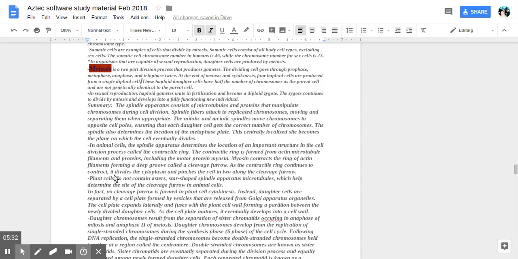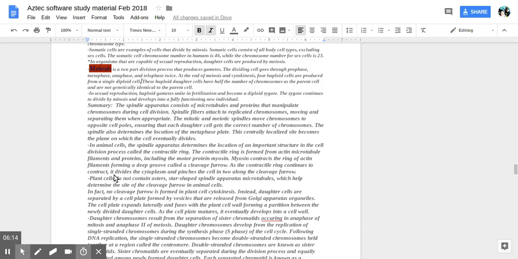The initial cell is called a zygote, and once you have that, it divides to develop into a fully formed organism by the process of mitosis, which we discussed previously. And mitosis is simply one cell dividing into two cells, increasing the number of cells by duplication. The summary is that the spindle apparatus consisting of microtubules and proteins manipulates chromosomes during cell division.